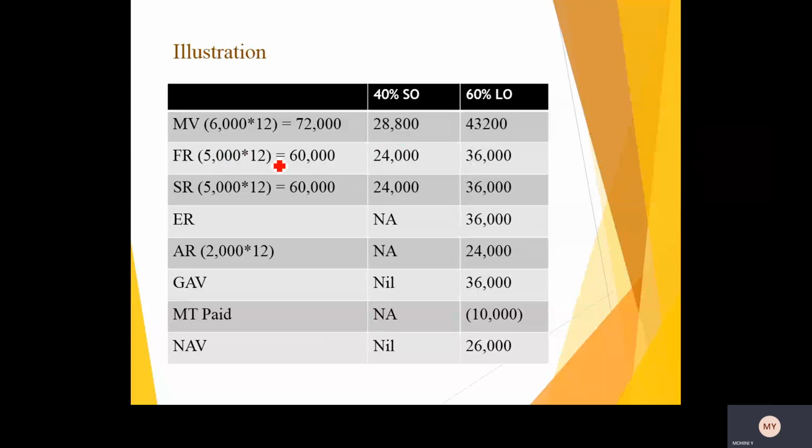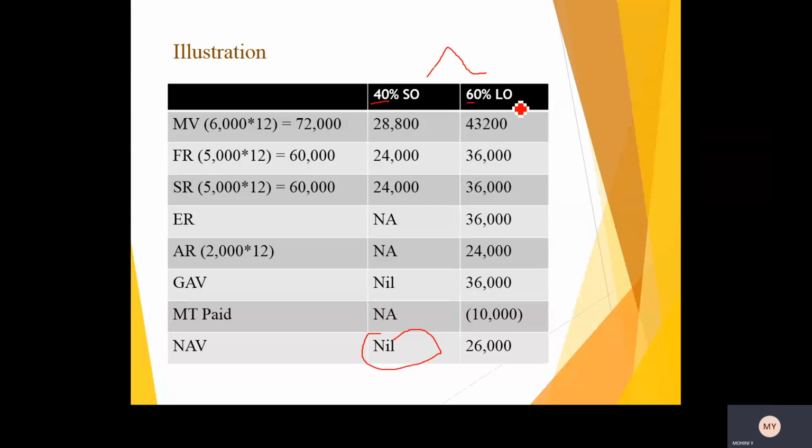Similarly, for 5,000 into 12, that is 60,000. So 60,000 into 40% is 24,000, and into 60% is 36,000. So every value you have to allocate between them in the ratio which is given in the question, that is 40% and 60%. In case of self-occupied, your NAV will always be nil. Okay.